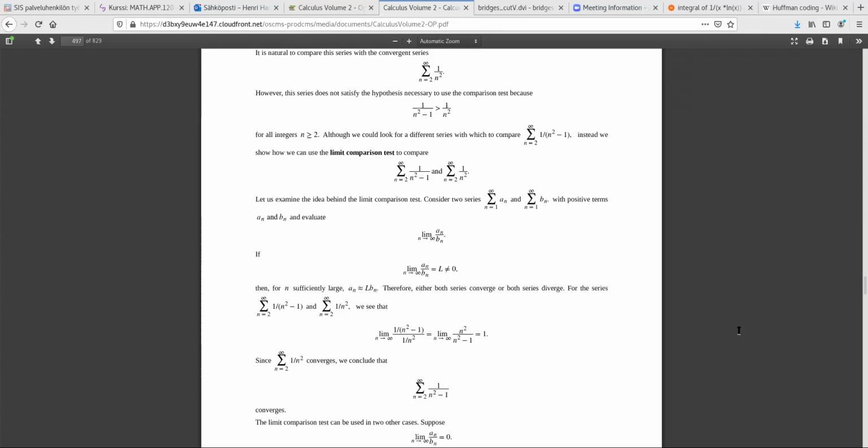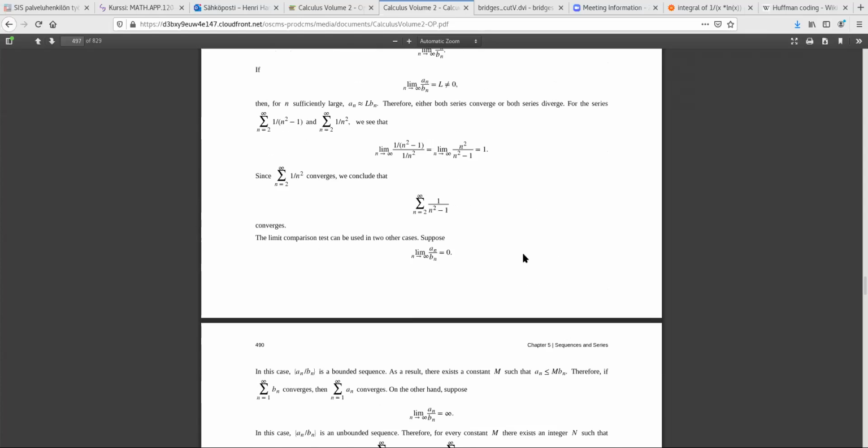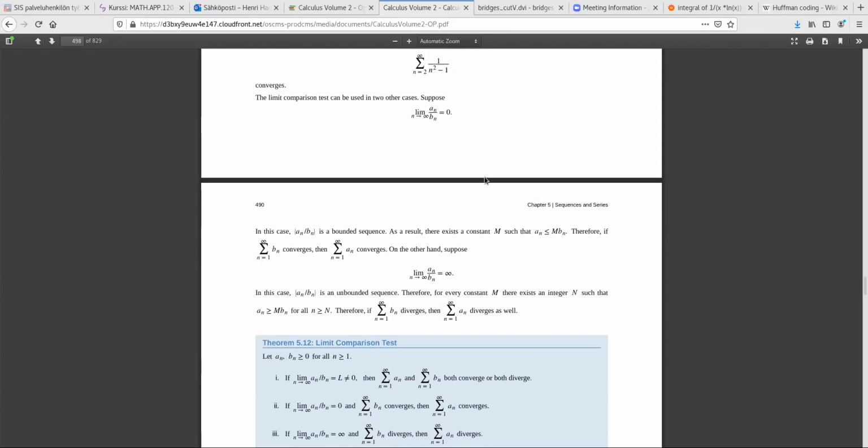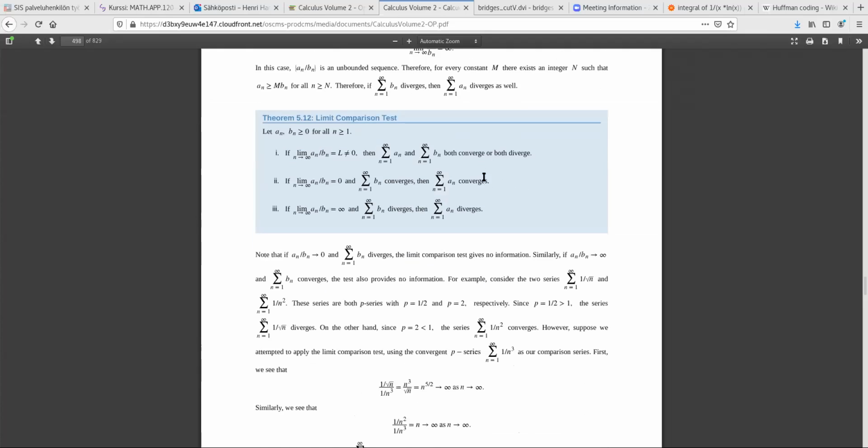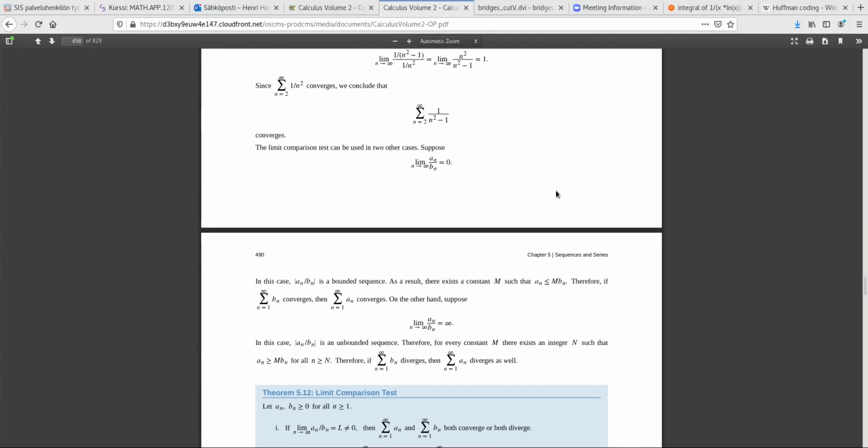So this is another trick that we can do because the sum ranges from 2 onwards, so we can shift it to the left. But the limit ratio works pretty well as well. So what if this limit of a_n over b_n is 0? Well, in this case, the sequence a_n over b_n is a bounded sequence.